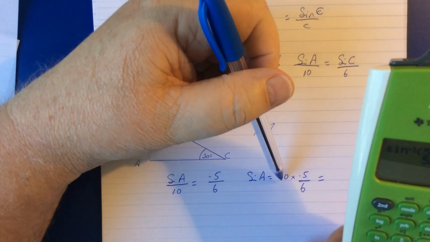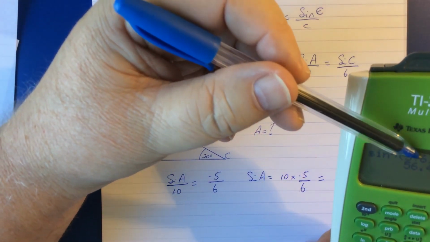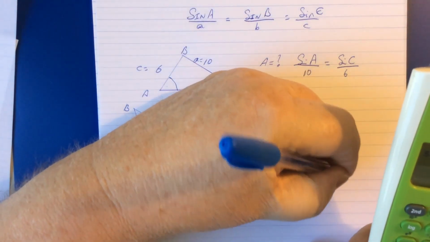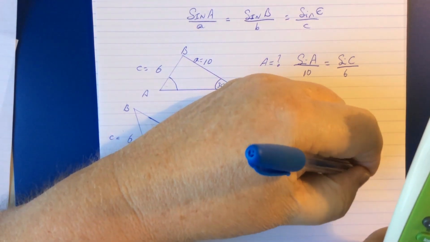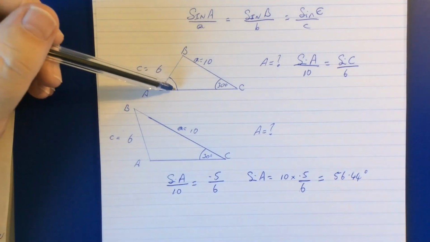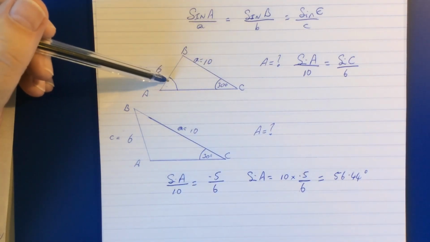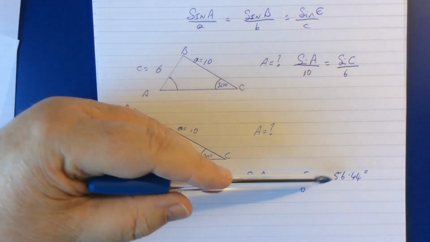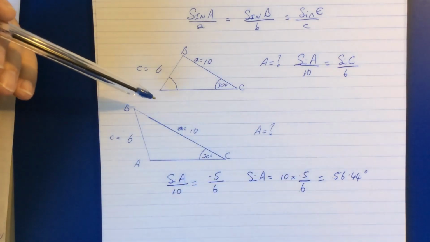So that is 10 times 0.5 over 6, which gives me 5 divided by 6. Sine -1 of that gives me 56.44 degrees. Okay. And if you have a look at this, that all looks pretty believable. Just looking at how this looks, this is a little bit more than 45 degrees, so I tend to buy that this thing is 56 degrees.